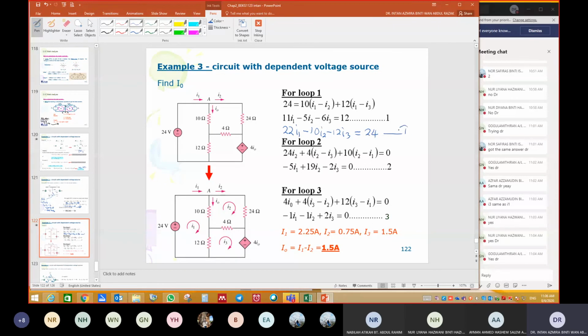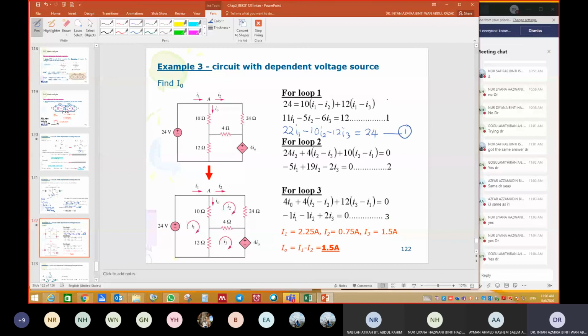So this is our first equation, okay? So you can, in your final exam or in your midterm test, you can just write this line, okay? And you will get the full mark for this loop 1, okay? Don't need to simplify like this.